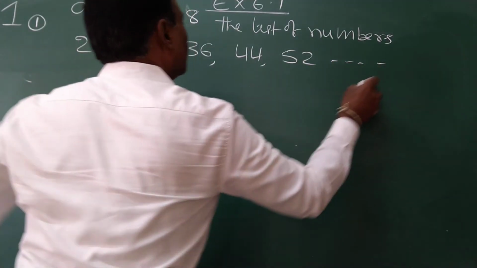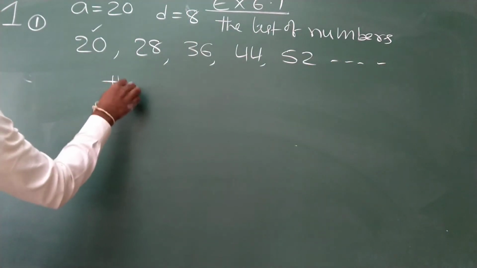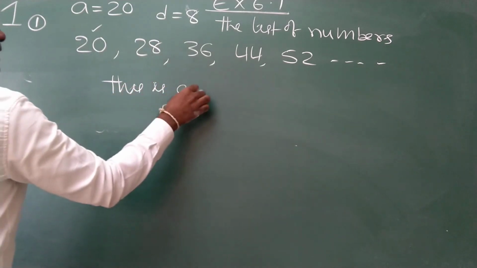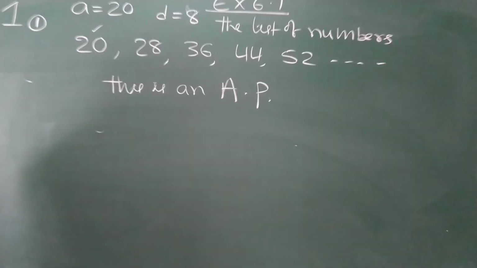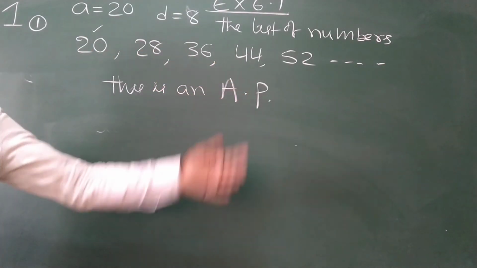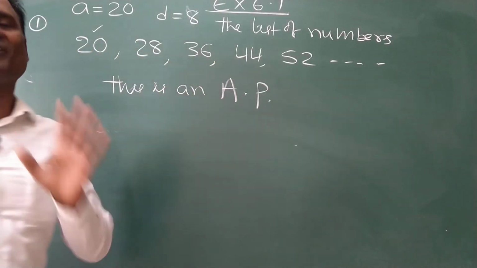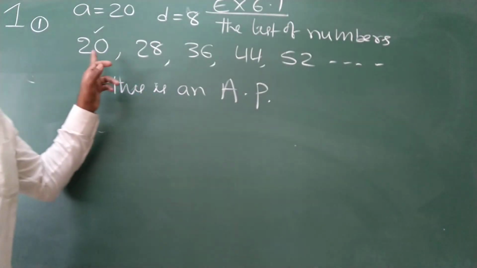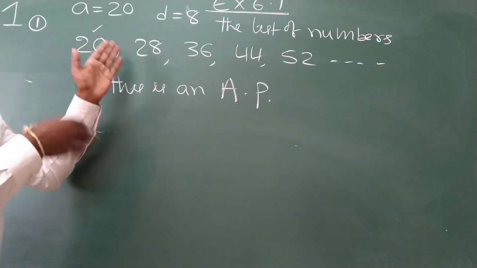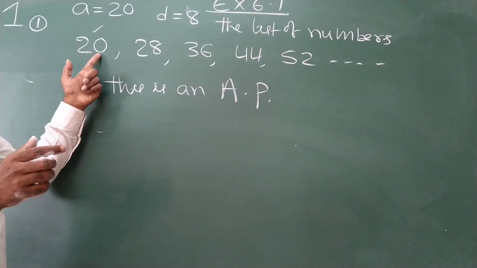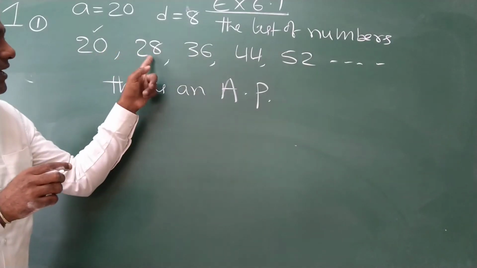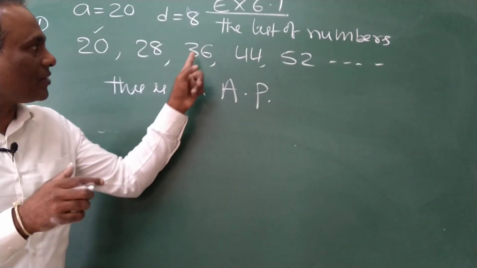So, right, this is an AP. This is perfectly an arithmetic progression because it is very clear. I gave the definition of arithmetic progression: the first term will be given, after that numbers are obtained by adding the same difference. 36 minus 28, 8. 44 minus 36, 8.